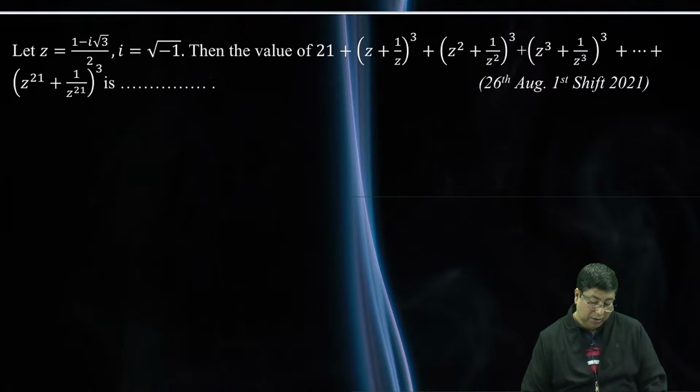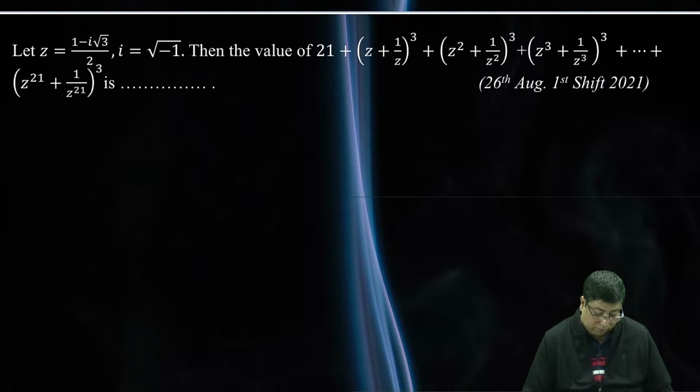This is one sum. z equal to (1 minus i root 3) by 2. We know that cube roots of unity are minus half plus i root 3 by 2 and minus half minus i root 3 by 2. And this type of sum, if we can solve in terms of omega, cube root of unity, it will be better for us for calculation.